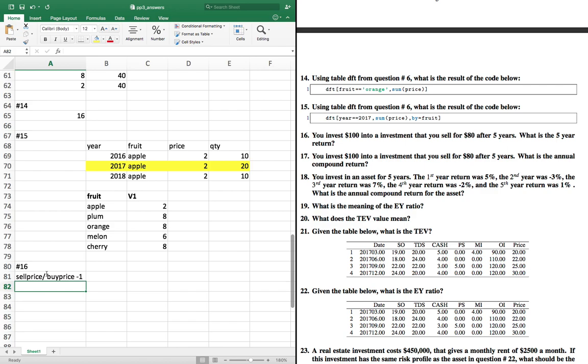The time doesn't play a factor here. 80 is what I sold it at, I bought it at 100, minus 1, and this will give me an answer of negative 1/5, which is negative 20%. So this should be about negative 20%. Math right? Yep.